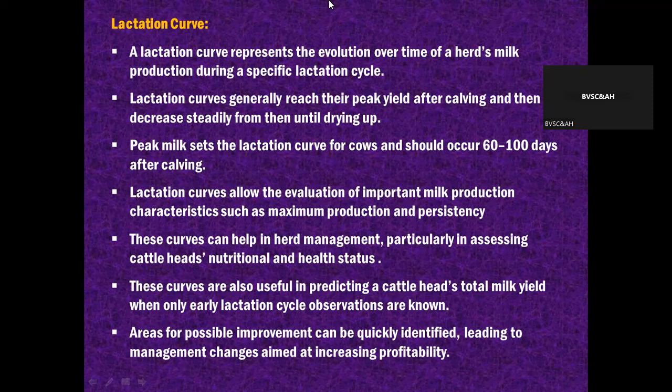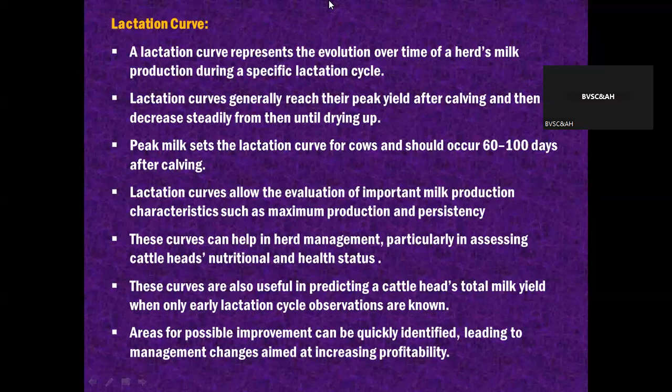These lactation curves generally reach their peak yield after calving and then decrease steadily until drying up. So once there is a calving, the animal starts milking, the lactation, and it then reaches a peak. In case of bovines, particularly by day 60, or 60, 70 days, or after 100 days, it starts decreasing.